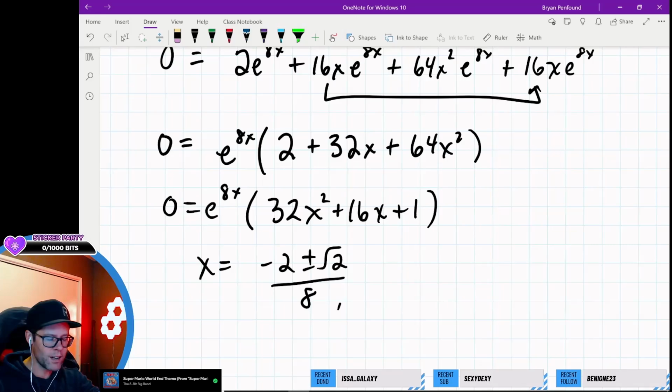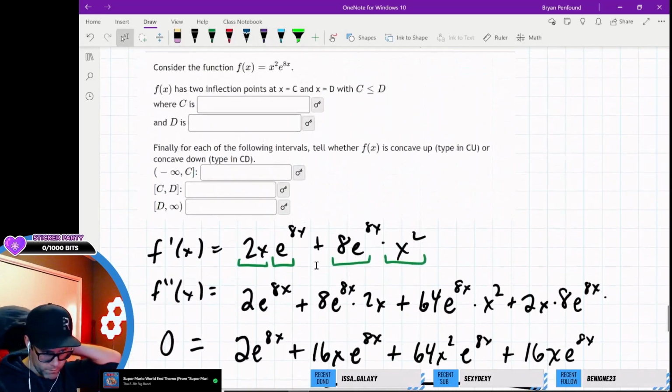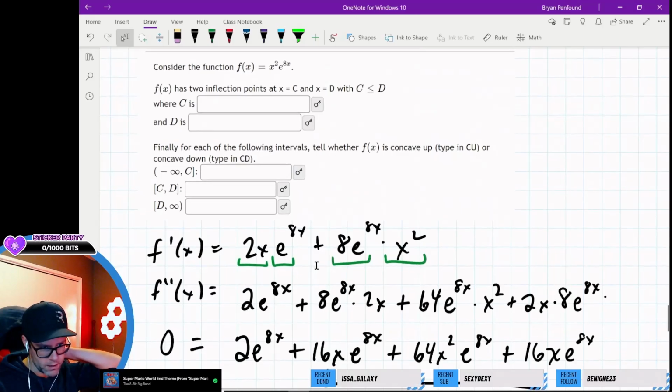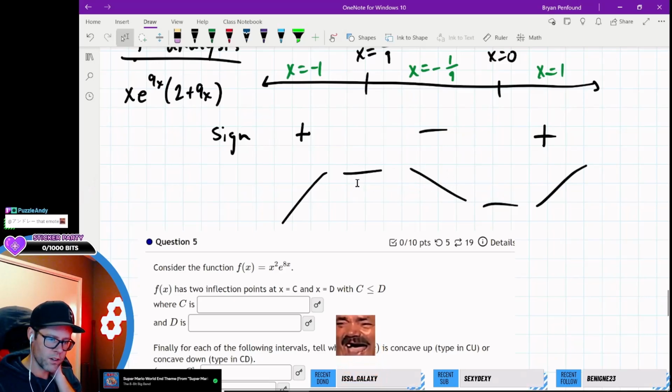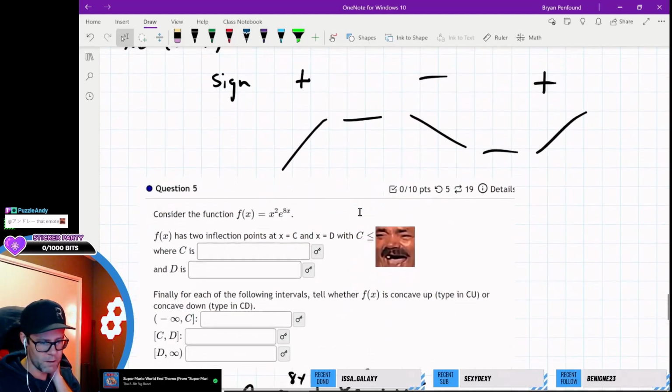We will have to use quadratic formula there, but 2 possible inflection points, and I suspect based on what we looked at the last time, these will be true inflection points. Oh, that's interesting. So, where is that second inflection point is my question.